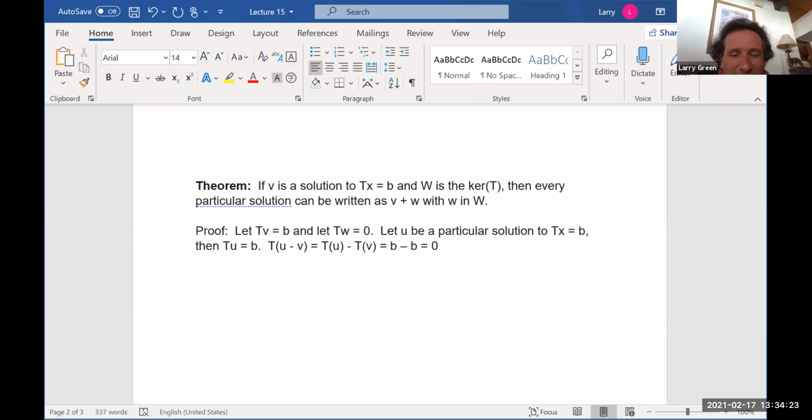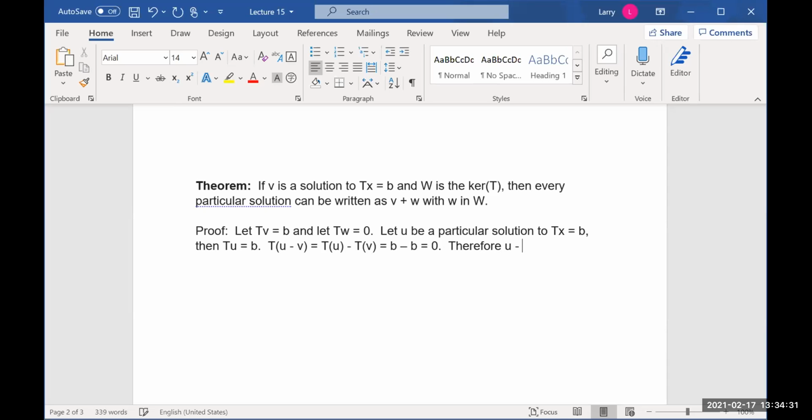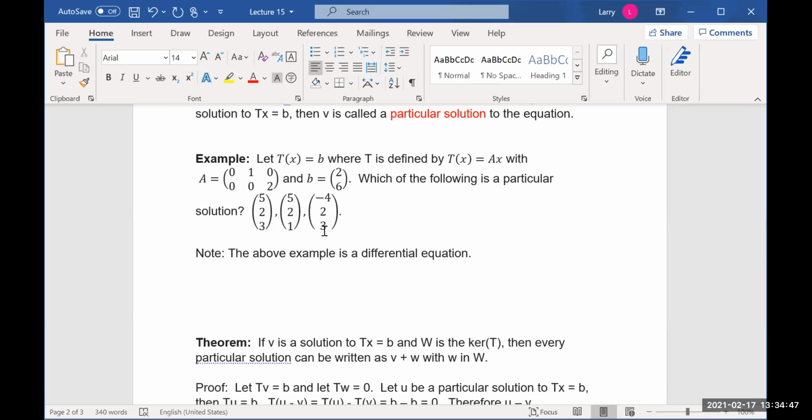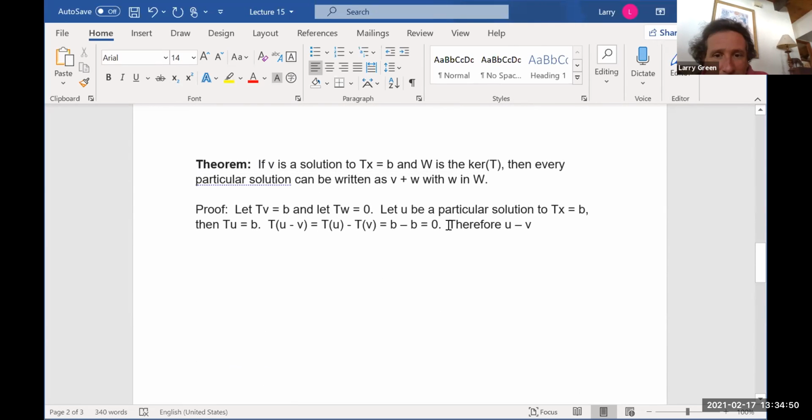All right. So what do you know about u minus v? In words. Shouldn't they be the same? u minus v should be 0. Take a look. Do they have to be the same? No. 523 is not the same as negative 423. Do you agree? So they don't necessarily have to be the same, but we know u minus v is in the kernel of T, because that's what it means.